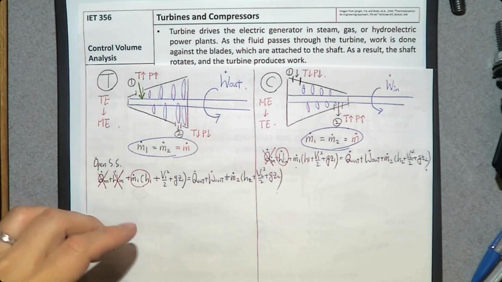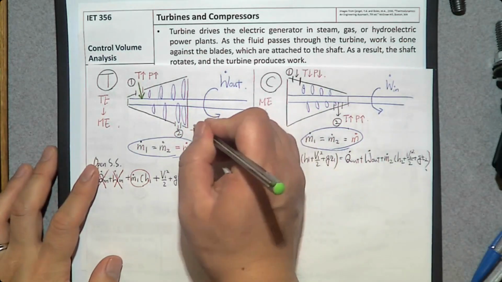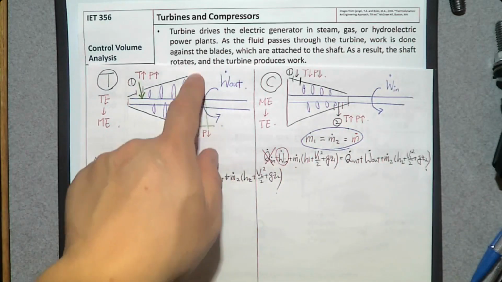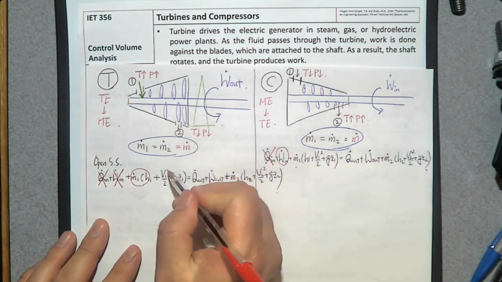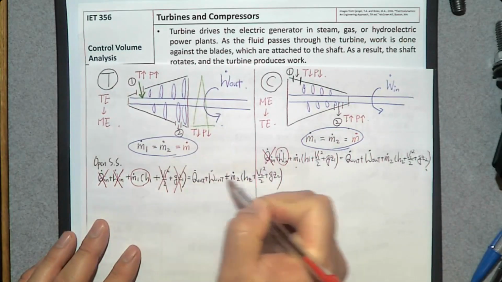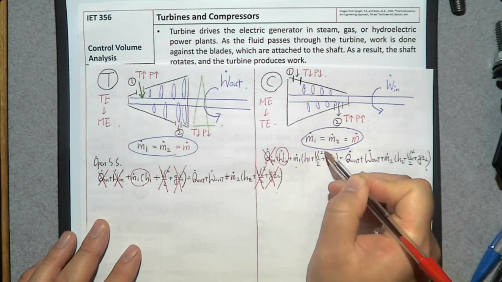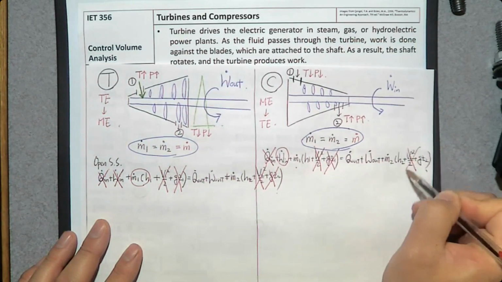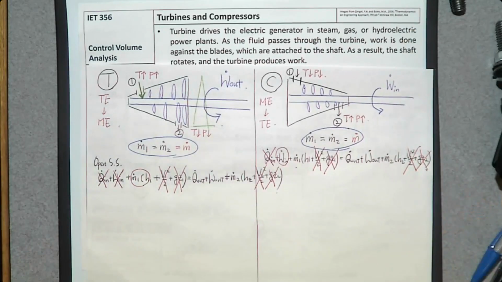Unless this turbine is taller than Mount Everest, we neglect potential energy change between the inlet and the exit. Oh, this is not Mount Everest. So you can neglect kinetic energy change, potential energy change. Same goes for this compressor. We neglect kinetic energy change and potential energy change.